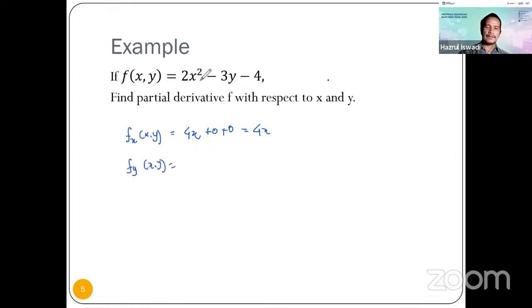So we have that 2x squared and minus 4 will be 0. So we have minus 3, yeah. Minus 3y is 3 minus 3. Okay, this is the answer of this example.